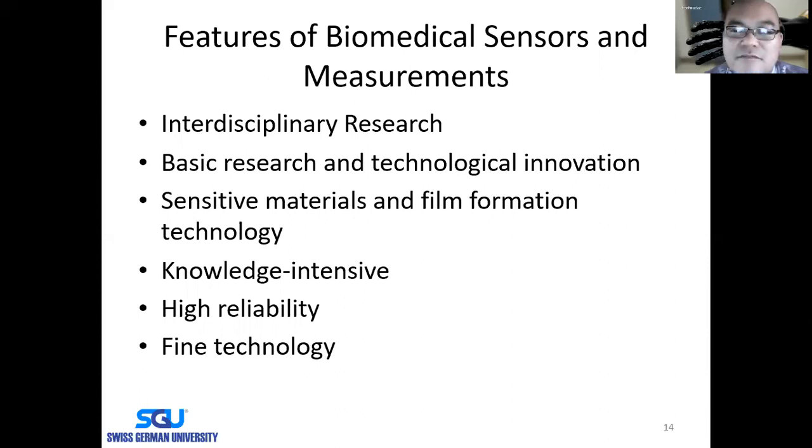Without reliable information, you cannot provide reliable information for the physician, with which the physician will determine the appropriate, adequate treatment for that subject or patient. Fine technology means very precise technology, not random technology.